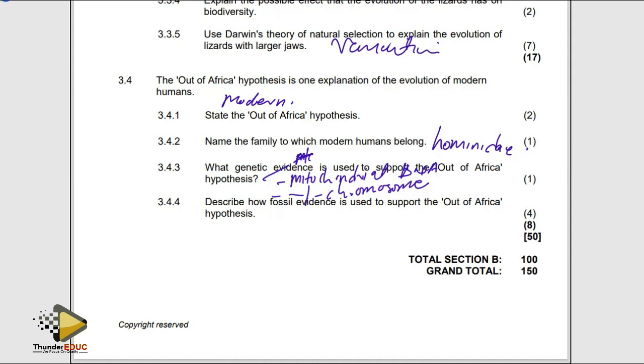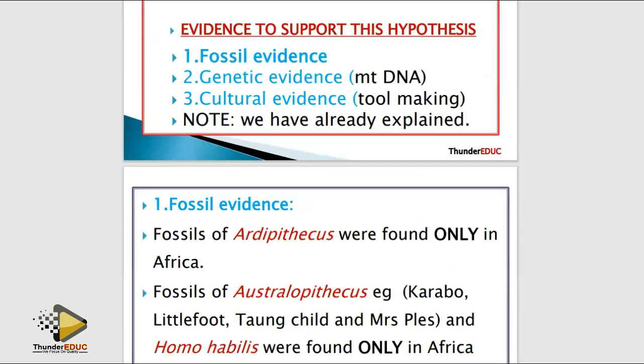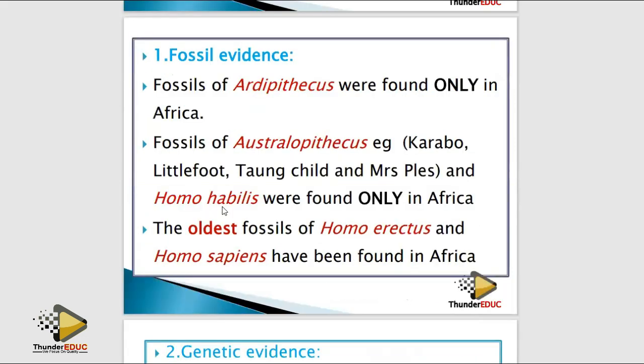Let me show you what I'm trying to say. Evidence to support the out of Africa hypothesis. There are three: the mitochondrial DNA, the cultural evidence, and the fossil evidence. Fossils of Ardipithecus were only found in Africa. Fossils of Australopithecus, e.g. Karabo, Little Foot, Taung child, Mrs. Ples, were all found in Africa.